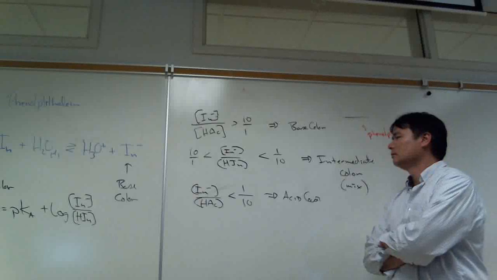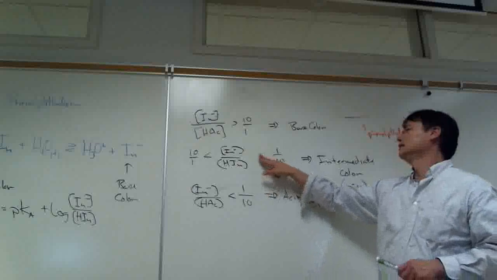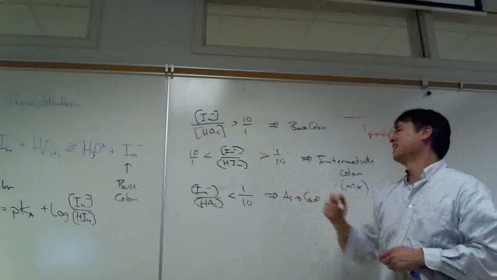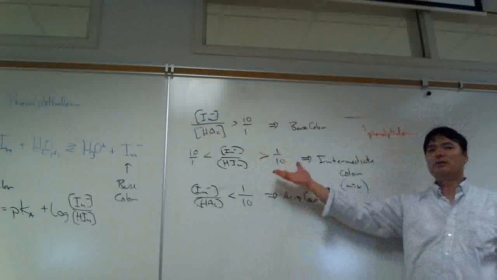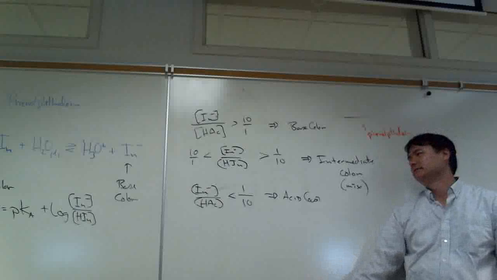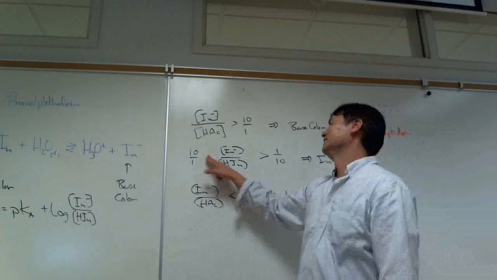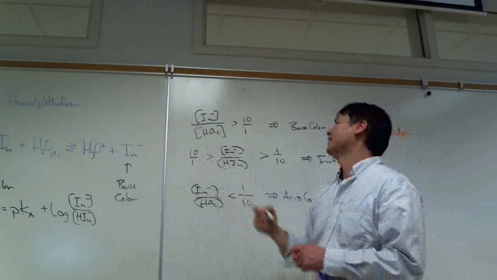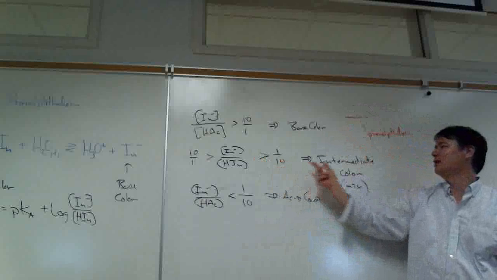Because it's between the two. Okay, thanks. Yeah, it should be greater than. It should be bordered by these two. Yeah, thanks. Like 9 to 1, 1 to 1. 1 to 1 should be an intermediate color.